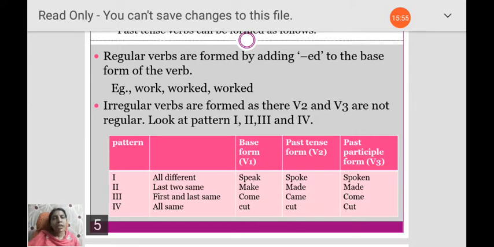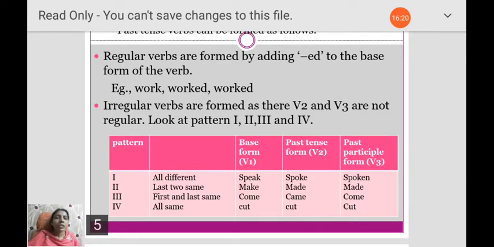I'll give you some more words: write, wrote, written; see, saw, seen; eat, ate, eaten; give, gave, given. So these are some examples where the three are different.